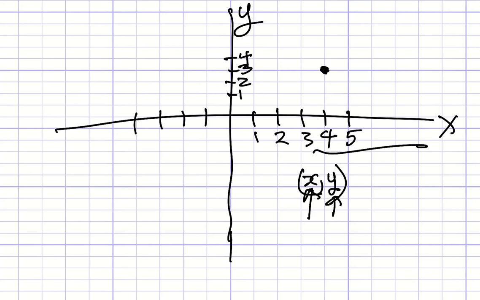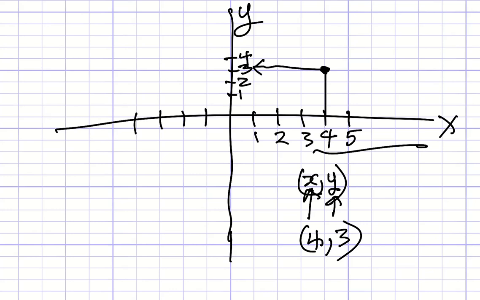So for this point here, you go down, find the number it corresponds to in the x-axis, and then you go this way, find the number it corresponds to in the y-axis, and then you write it like 4, 3. Like I said, you put the x first. The x coordinate is 4. The y coordinate is 3.